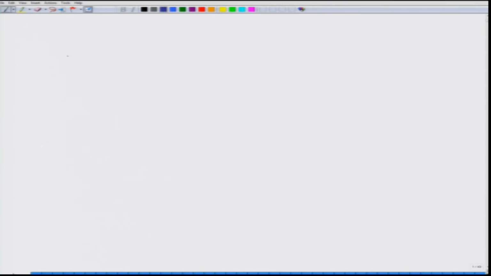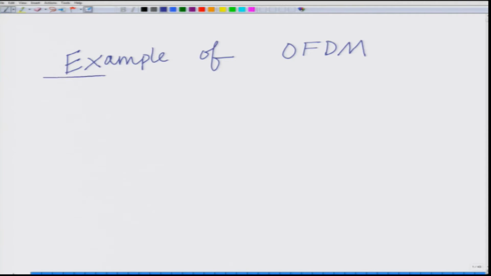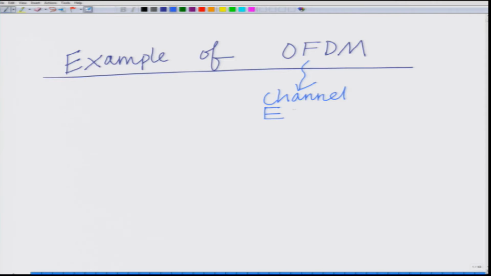So, let us look at an example of an OFDM system, and in particular channel estimation in OFDM systems. As we have been saying, let us consider an N equal to 4 subcarrier system.